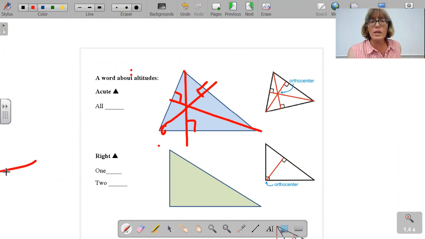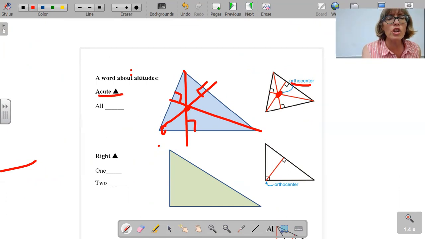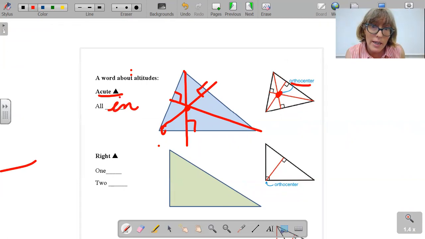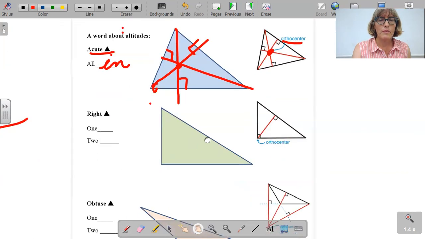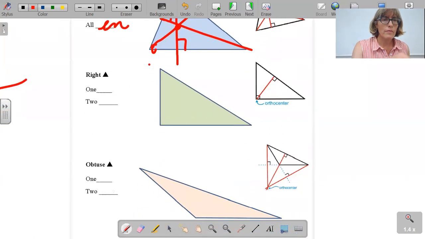So here you can see all three altitudes. By the way, the point where it crosses, that's called an orthocenter. All the altitudes in an acute triangle are inside the triangle, inside. In a right triangle, you have one altitude that is inside.